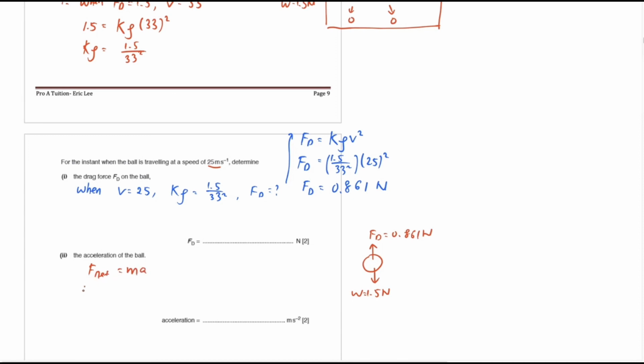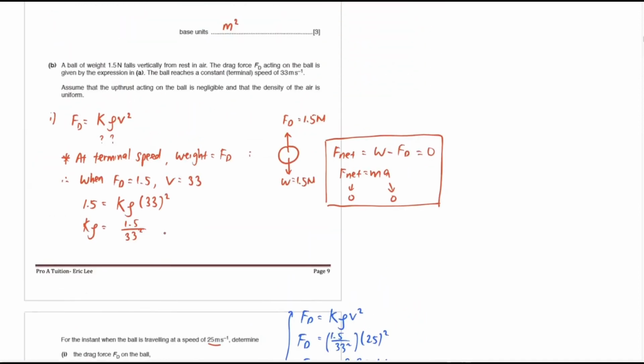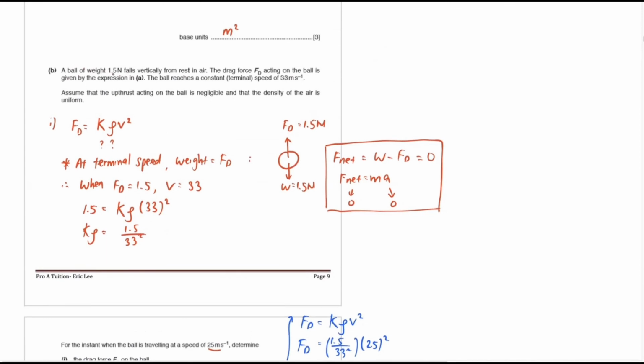To find the net force, 1.5 minus 0.861. Now the mass M. Let's see what they give for the mass of the ball. They give the weight of the ball.